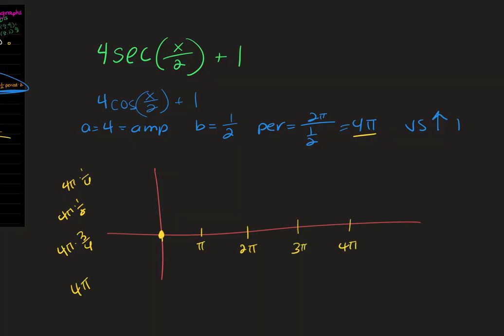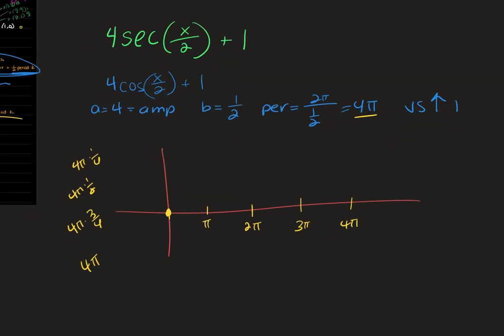There's my 5 key points. Why do we count by quarters? That's how you find all the key points. Then I start at the amplitude, 1, 2, 3, 4, before the vertical shift, 1, 2, 3, 4, -4. So I am here, here, here, here, here, because it's a positive cosine.